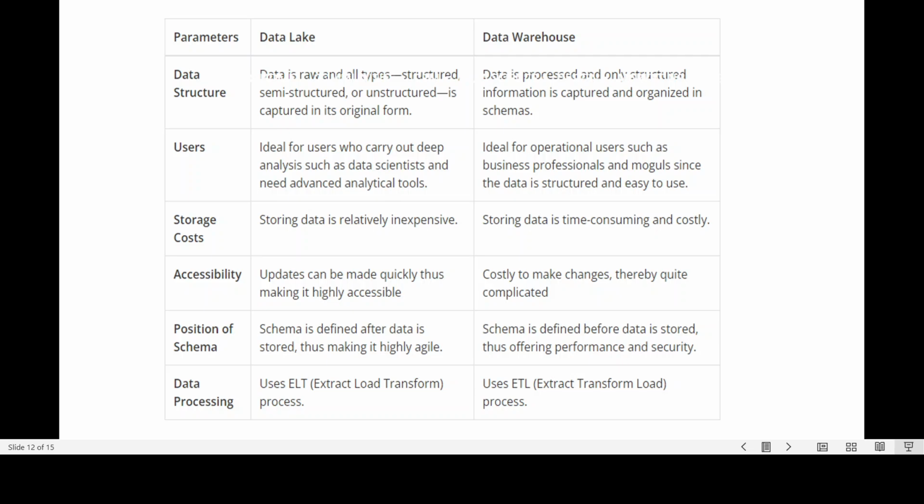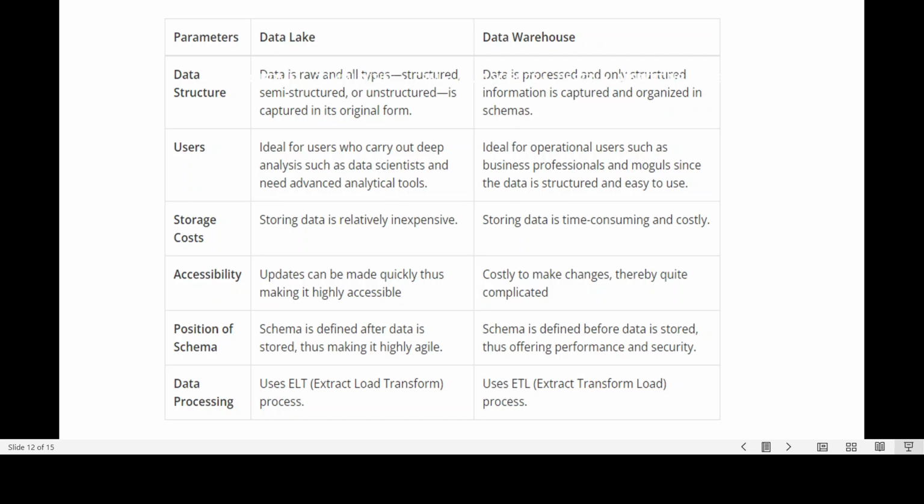Coming to storage cost, in a data lake, storing data is relatively inexpensive. In a data warehouse, storing data is time consuming and costly. Coming to accessibility, in a data lake, updates can be made quickly, thus making it highly accessible. But in a data warehouse, it is costly to make changes, thereby quite complicated.